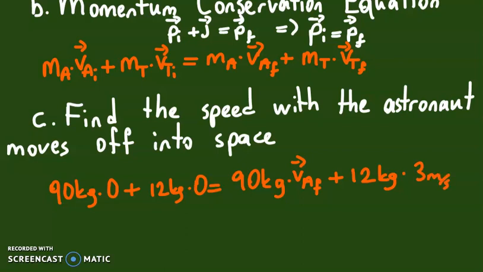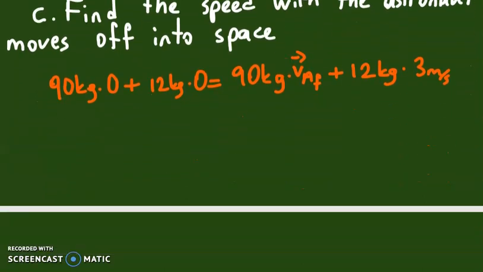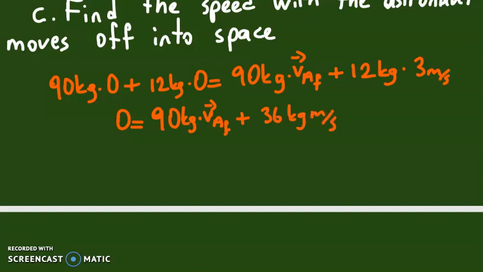Okay. Here, the left side of the equation is 0. Let's solve that. Here we have 90 kilogram times the velocity of the astronaut final, plus 36 kilogram meter per second.